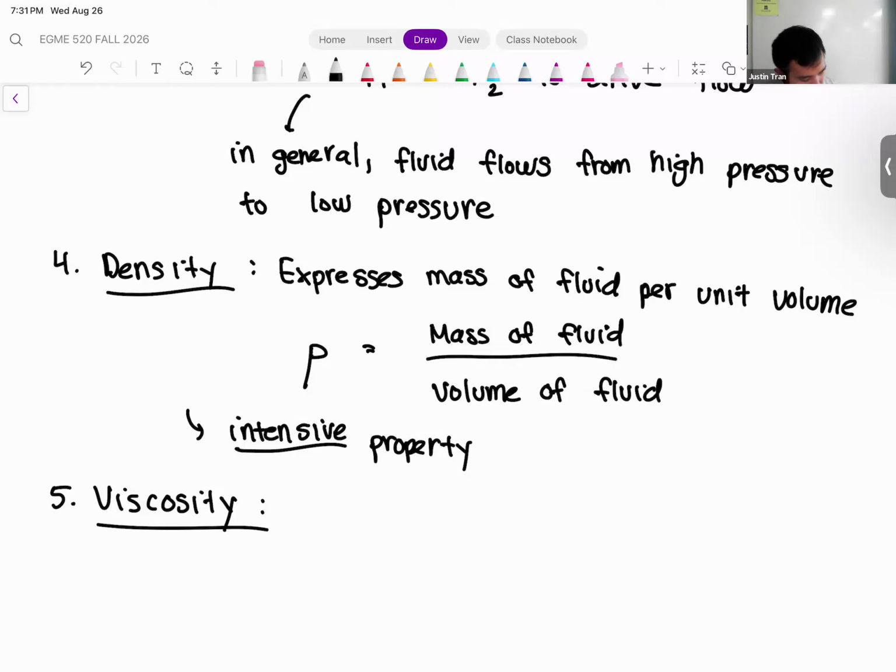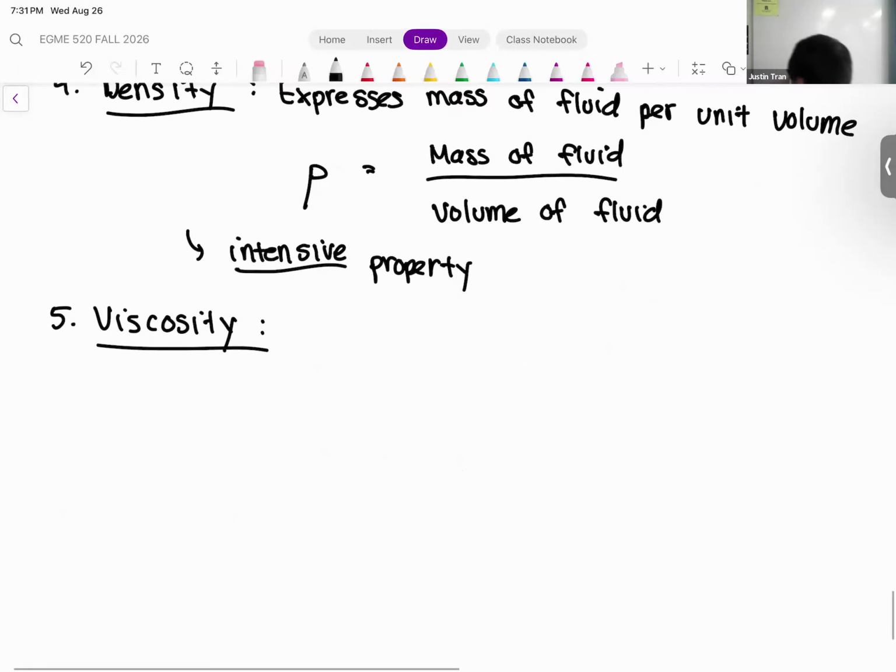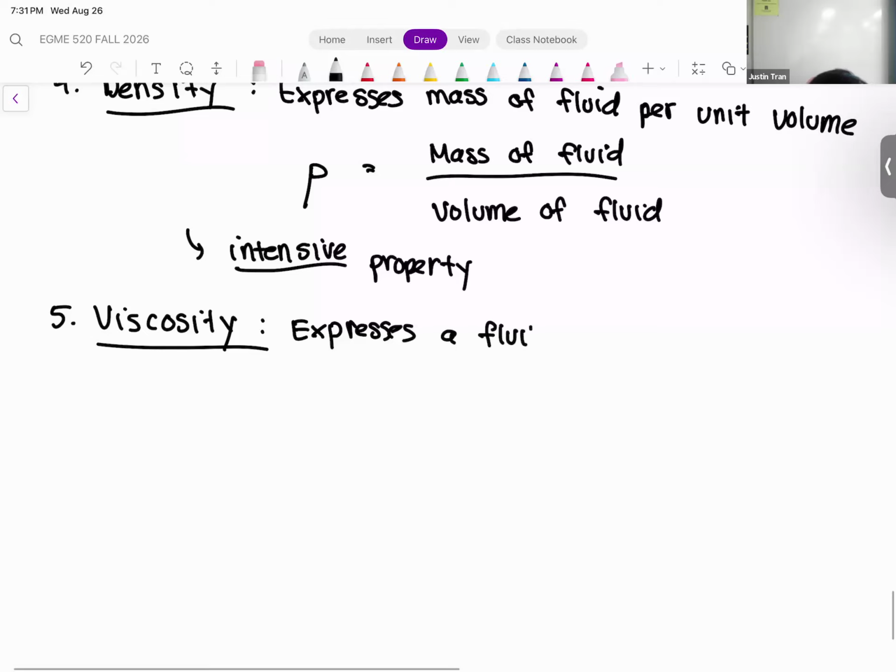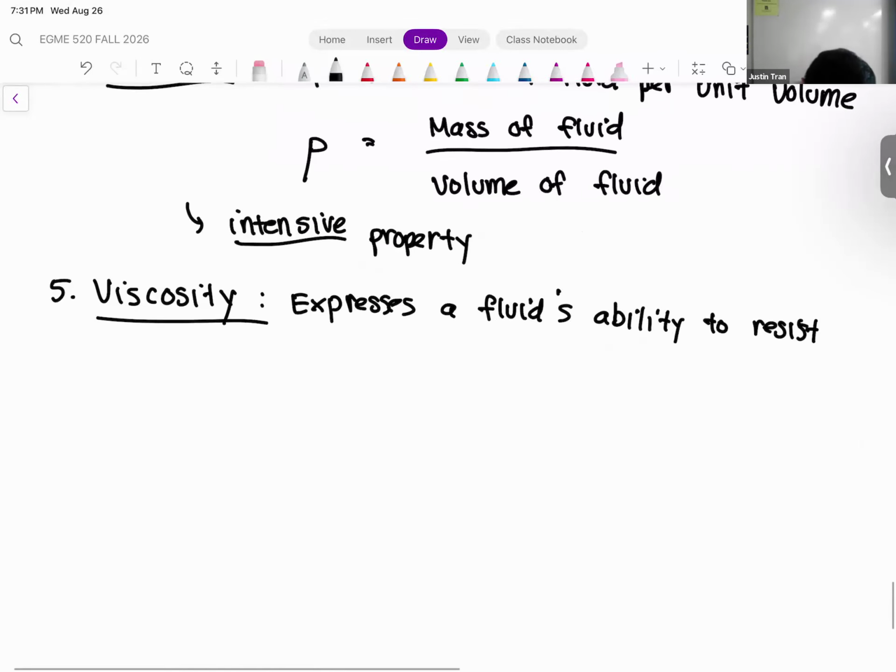Just like I mentioned in the slides on Monday, viscosity, which is also an intensive property, represents a fluid's tendency, or ability, to resist flowing. I think that's probably the most plain language explanation of viscosity.